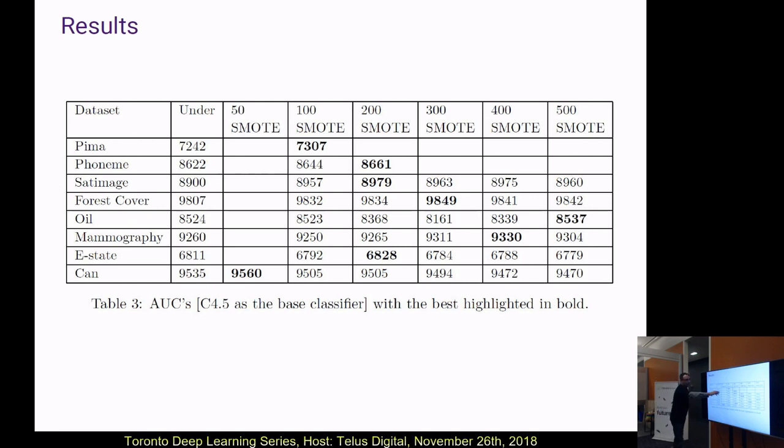The bolded value is the top score for a given data set, and in each case it is always SMOTE oversampling at some fraction. I can't imagine there are any questions here. I think it brings home the point we just made, so for the sake of time, I'll continue on.